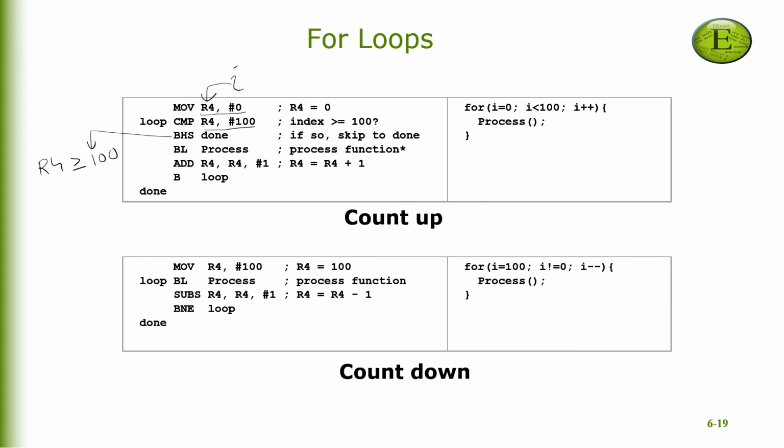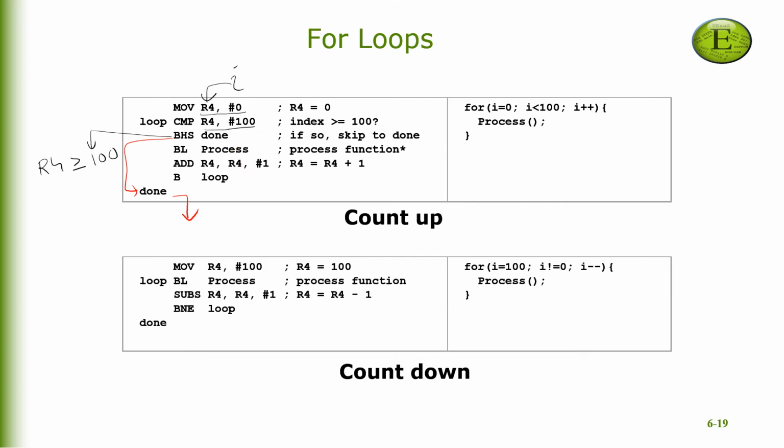If this condition is true, then we jump to the done label and proceed therefrom. We are not going to execute the process of the loop body. That's not executed.